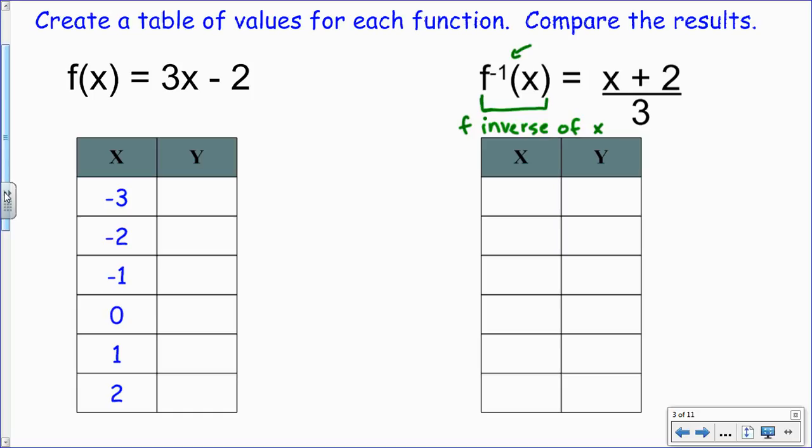Okay, so let's make a table for f of x, so our given function, just plug in these values so we can find the y. Plug in those x values and find the y values. Should take just a second.